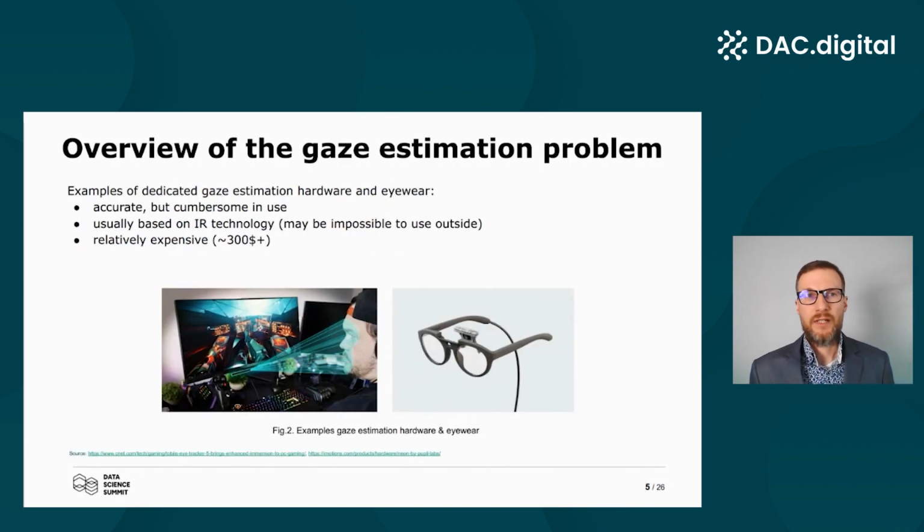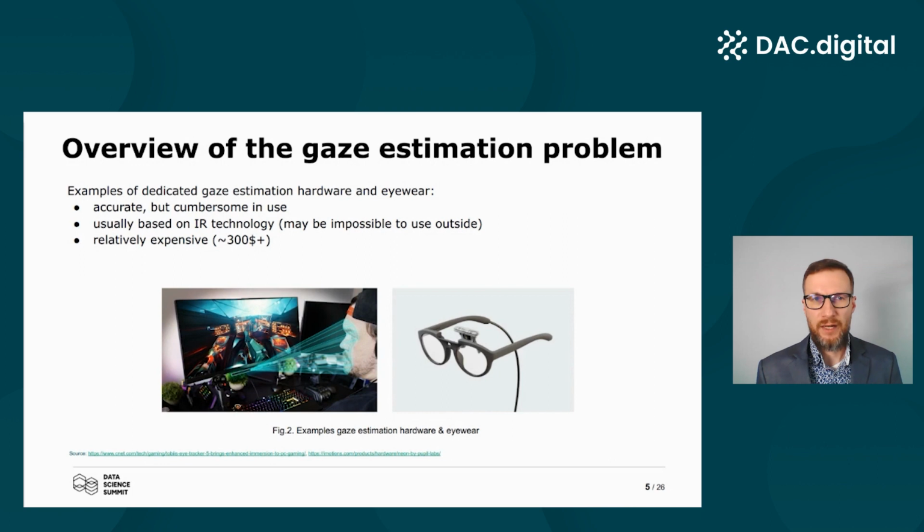Here you can see a few examples of dedicated gaze estimation hardware and eyewear. On the left side, it's a Tobii eye tracker device, an external camera you place under your display. Another example on the right is Pupil Labs Neon eyewear equipped with really small IR cameras pointing at every eyeball.